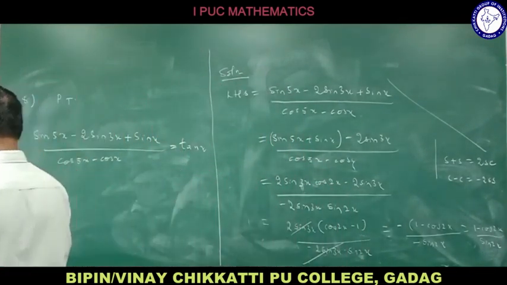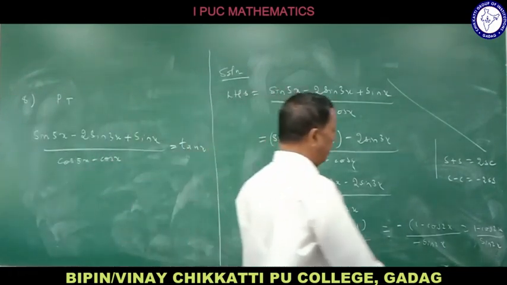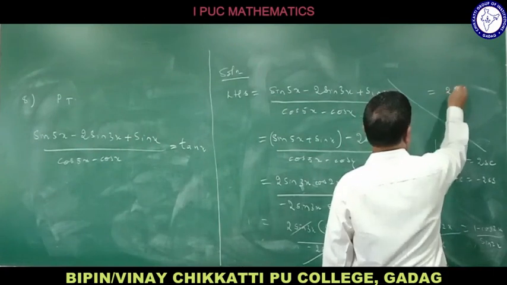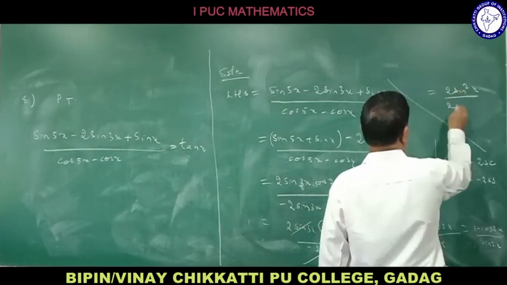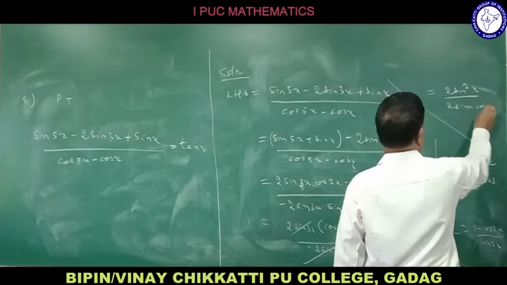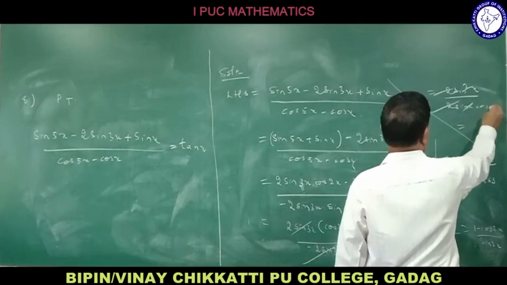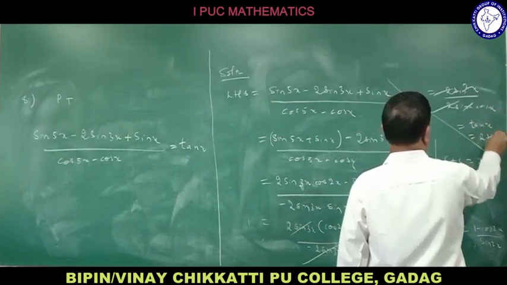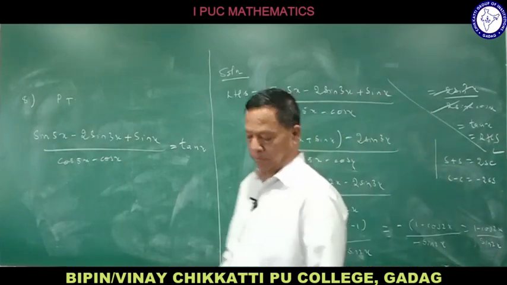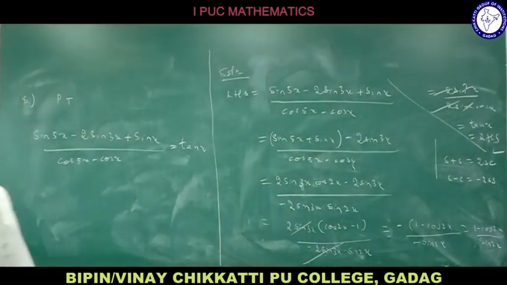And sin 2x is 2 sin x cos x. The 2s cancel, and sin x by cos x, so you get tan x. This is the end of the session.